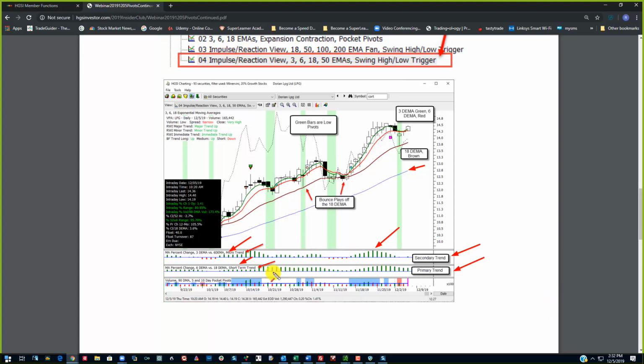If you have a stock where the histogram is remaining above the 0 line, I consider that primary trend to be up. And then if it dips down on the short-term or micro trend, and this histogram turns red, that can be a buying opportunity. But you let the stock come to you.